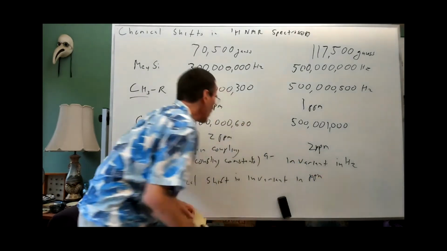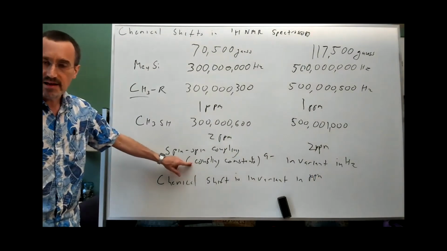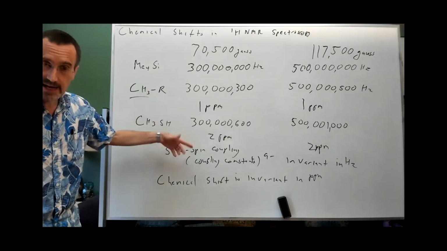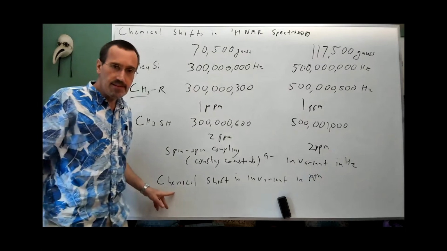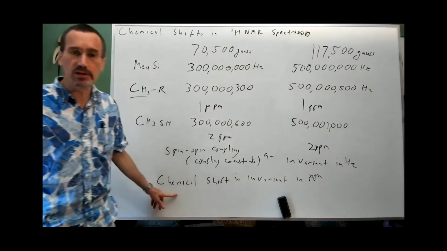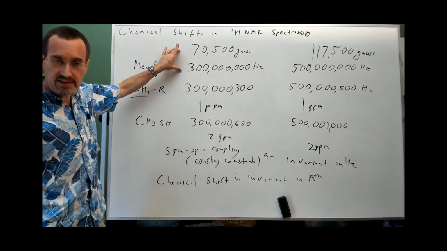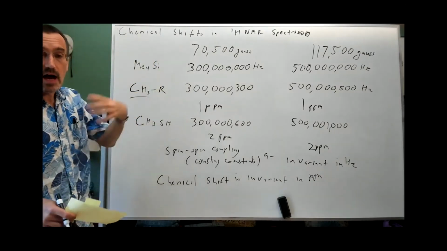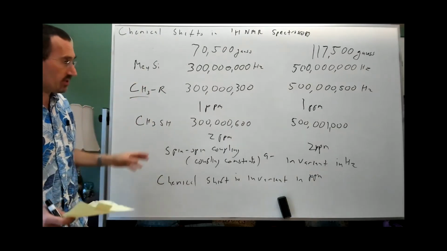And the reason for this is spin-spin coupling is how the nuclei feel the other nuclei spin, mediated by the electrons of the bond, whereas the chemical shift is how the nuclei feel the magnetic environment that they are in, shielded or deshielded by the electron cloud that surrounds them.